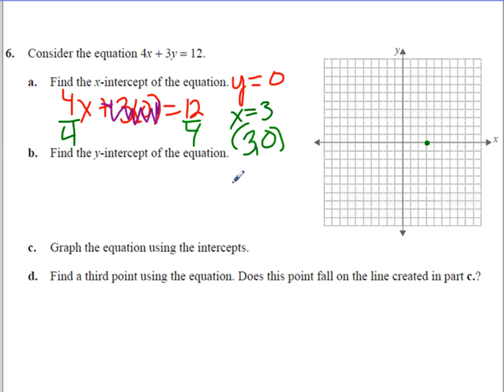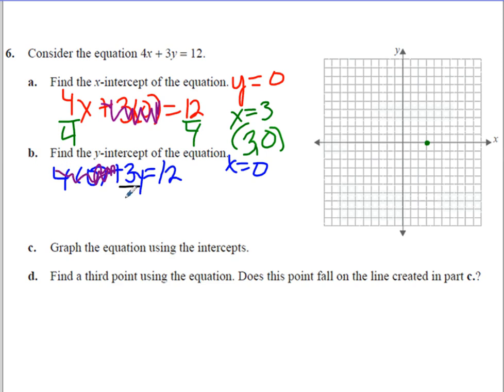For the y-intercept, remember x now equals 0. So we're doing 4 times 0 plus 3y equals 12. And again, anything times 0 is 0, so we could just ignore that. Then we see that it's 3y that equals 12.